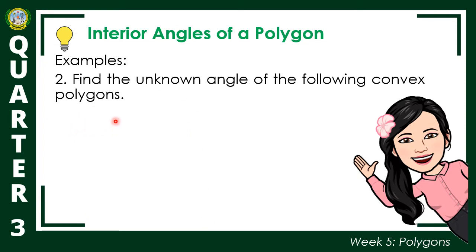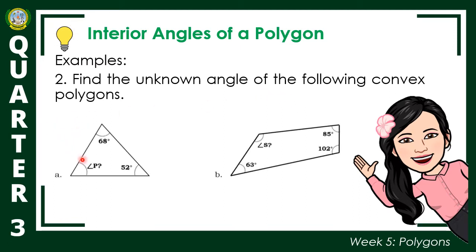How about this one? Find the unknown angle of the following convex polygons. So, let us start with letter A. Here we have a triangle. Okay? So, two of its angles are given, 68 degrees and 52 degrees. How are we going to find the measure of angle P?